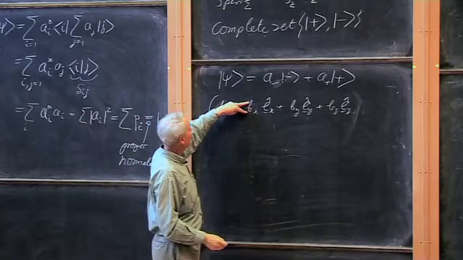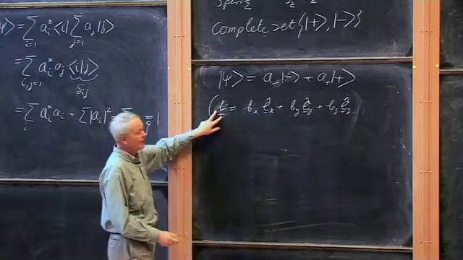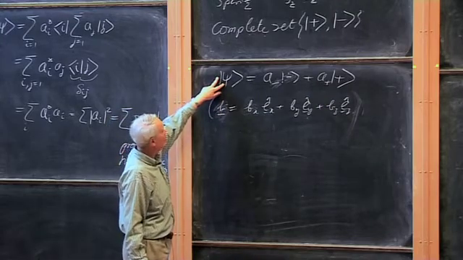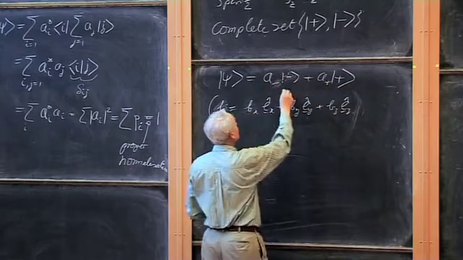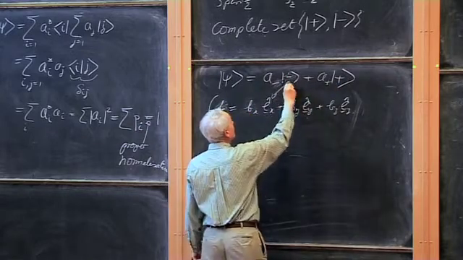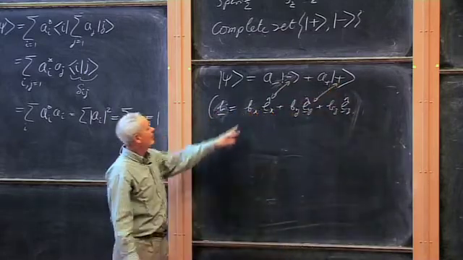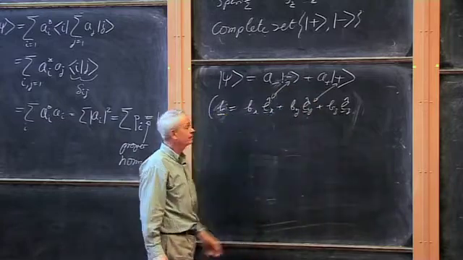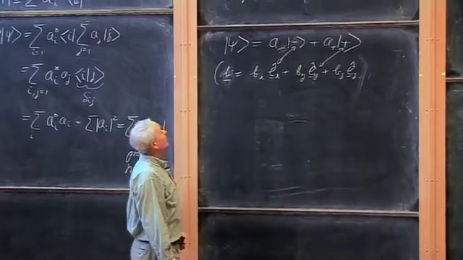Here I've got three real numbers, Bx, By, and Bz, which are the components of B in some particular coordinate system. So here I'm saying the state of our electron can be written as a linear combination of this basis vector and this basis vector. So these kind of map across here. But this is a simpler case insofar as I've only got two components, A minus and A plus, rather than three components. So that's the analogy.